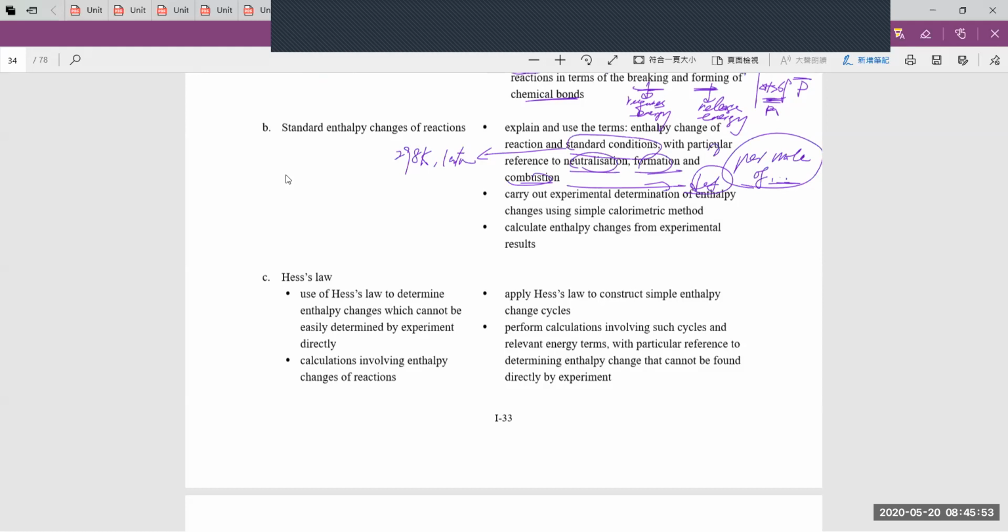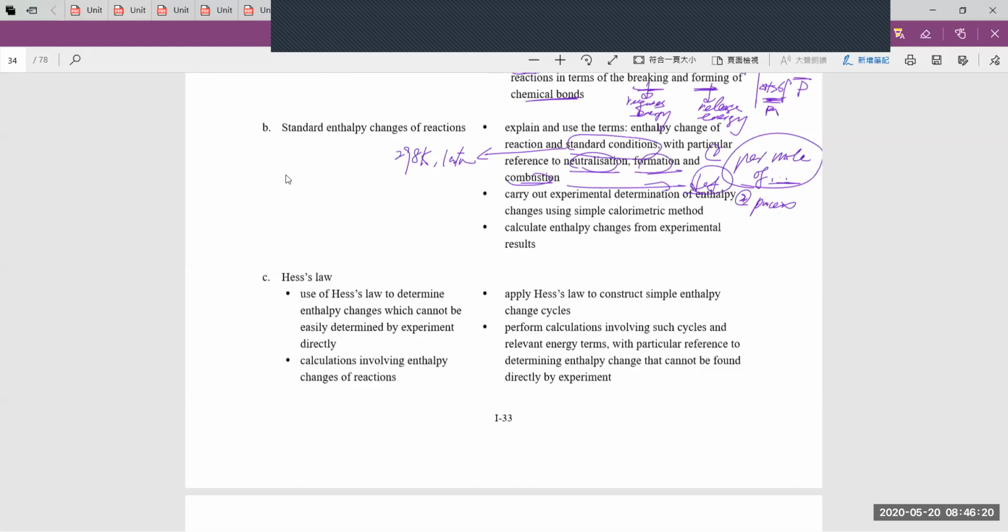And second is about the process. What happens during neutralization? You may find it will occur in reality. Similarly, combustion will also occur in reality, but you have an assumption that the combustion is complete.